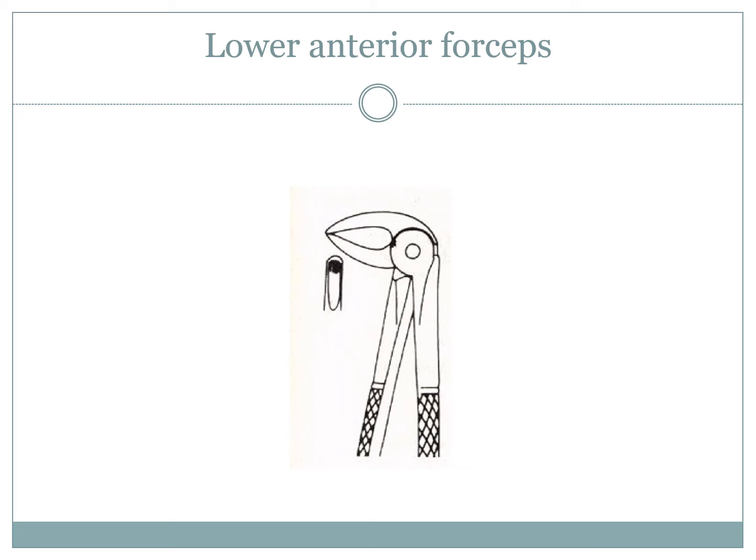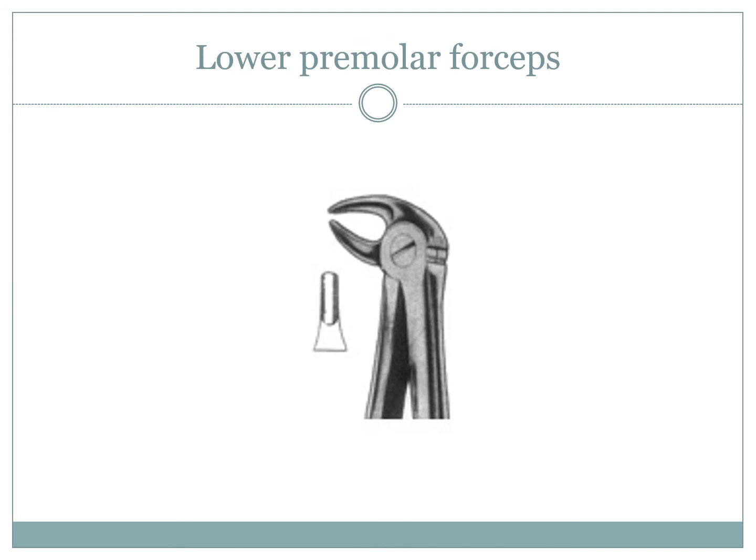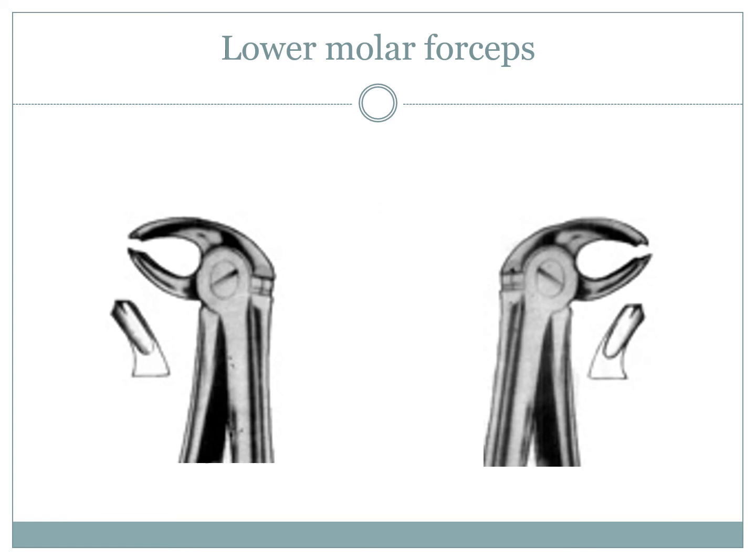Lower premolar forceps: the beak will be a little open and a little broader, so we can engage the tooth, and the roots will be conical in shape. Lower molar forceps: both sides have a beak, and the beaks are sharp, because there will be two furcations, on the buccal side and the lingual side.